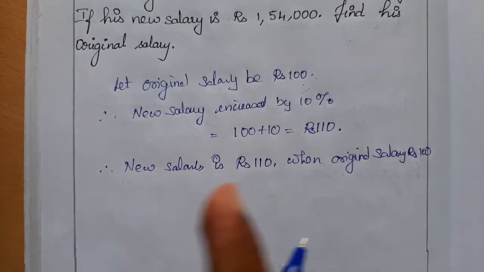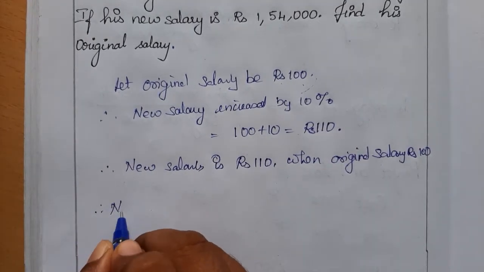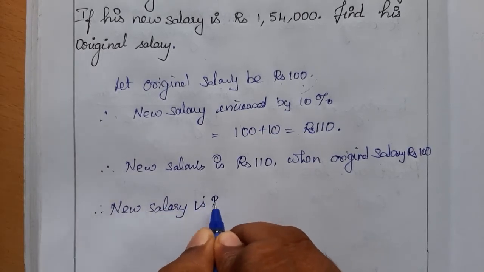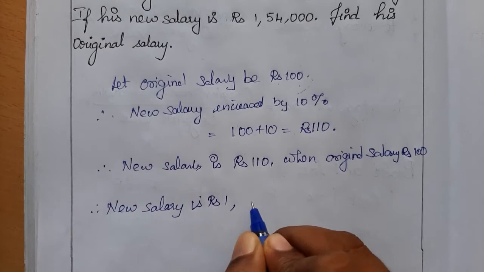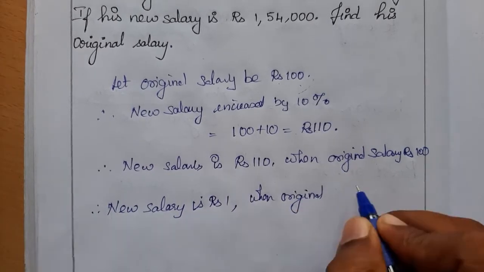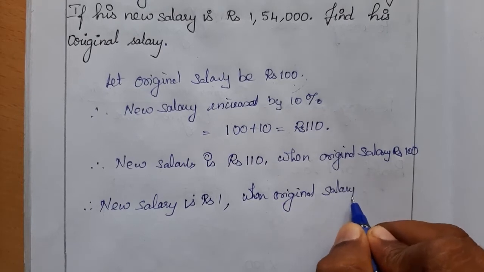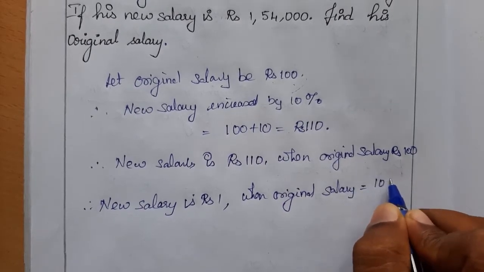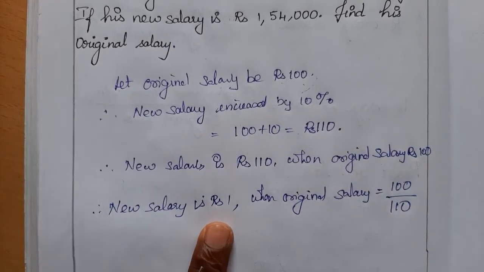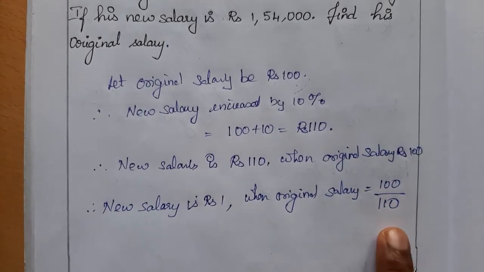Let's find it for 1 rupee. Therefore, if the new salary is rupees 1, the original salary will be 100 divided by 110, this will become a division.